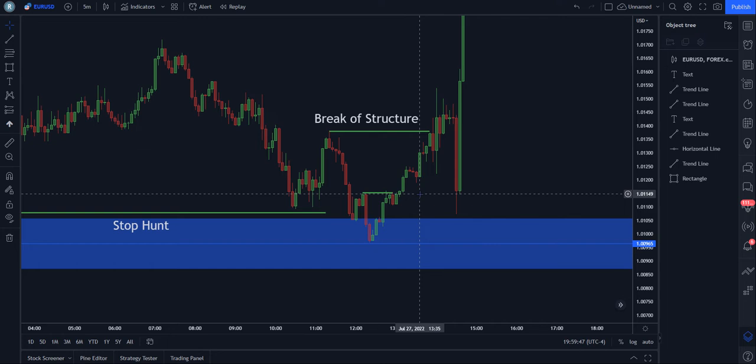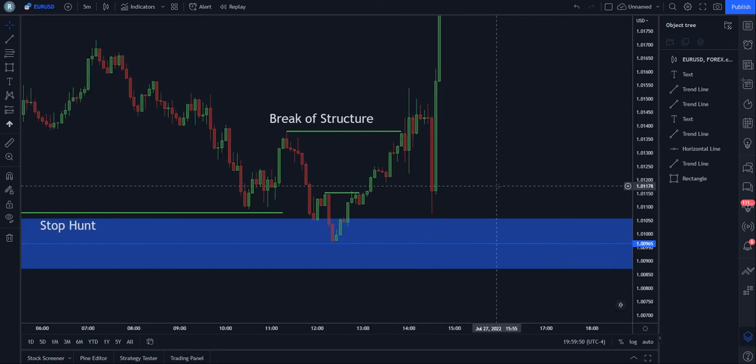The third that I personally like to wait for is, as it retraces back down, to find liquidity for it to take. And these are in the form of equal lows.